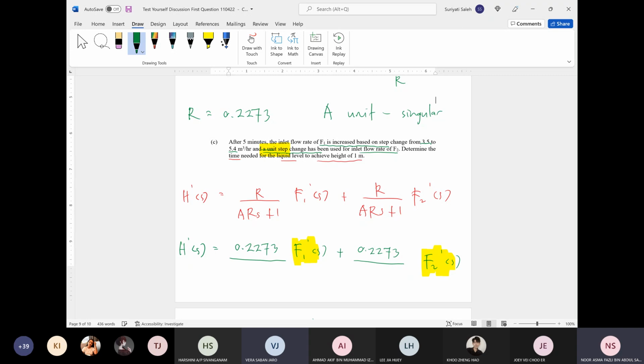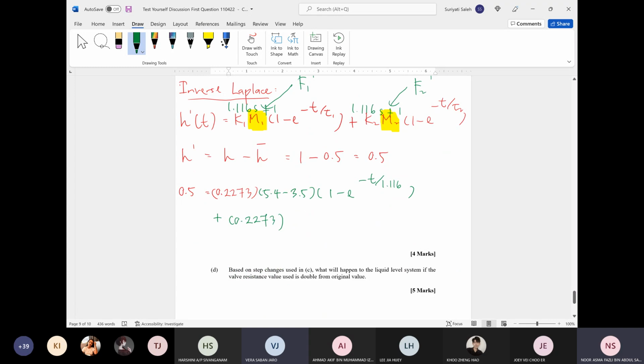If you remember, you have the singular and plural. For plural, you put s, units, more than one. If a unit, then it refers to the singular, which is equivalent to 1. So this indicates that the magnitude M2 is equal to 1 based on the given information. A unit step change, a unit. So for this part, the M2 is equal to 1. So that is the answer why.